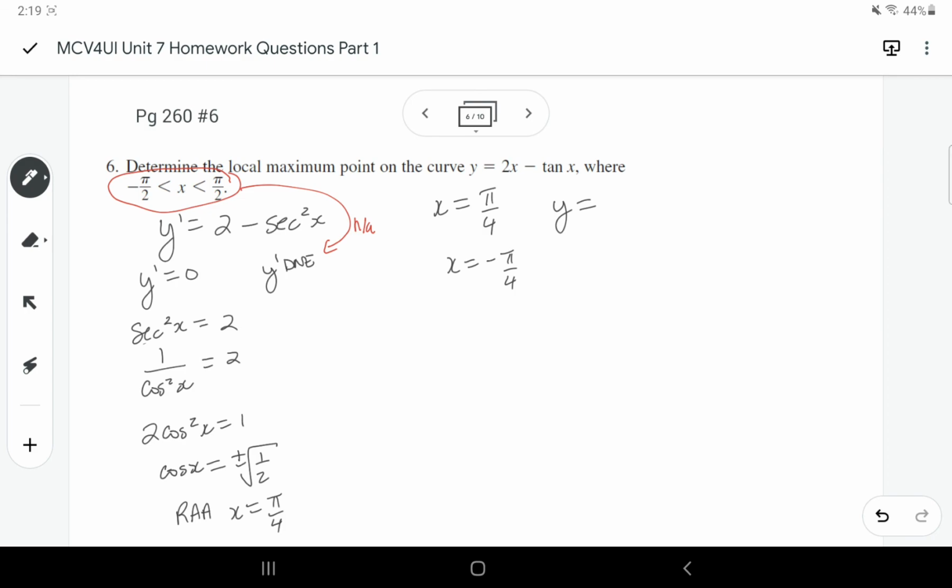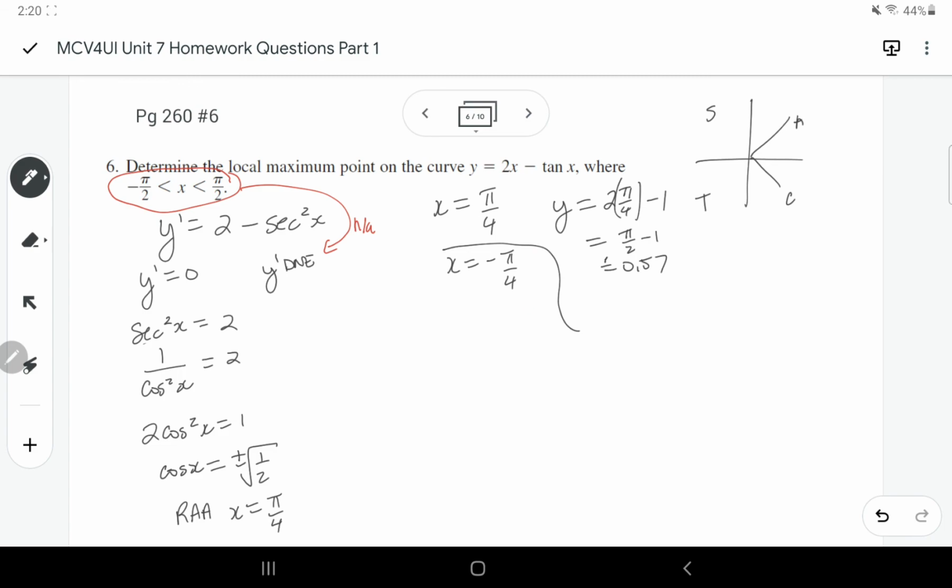So this would be 2 times pi over 4 minus tan of pi over 4, which is 1, which is just pi over 2 minus 1, which would be about 0.57.